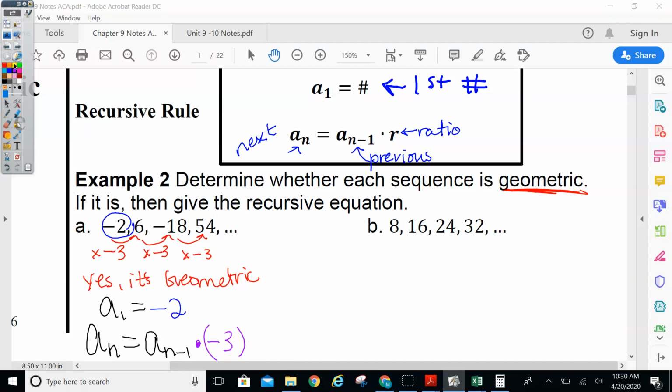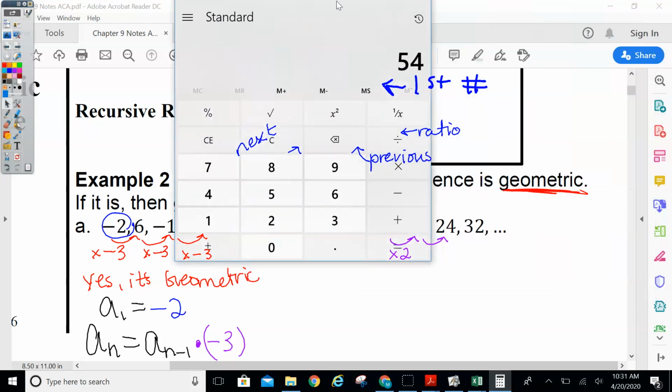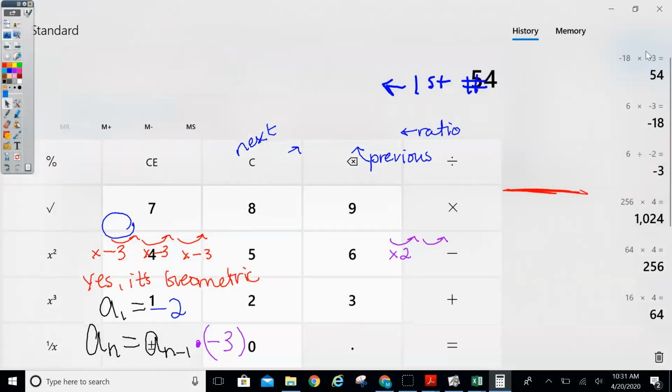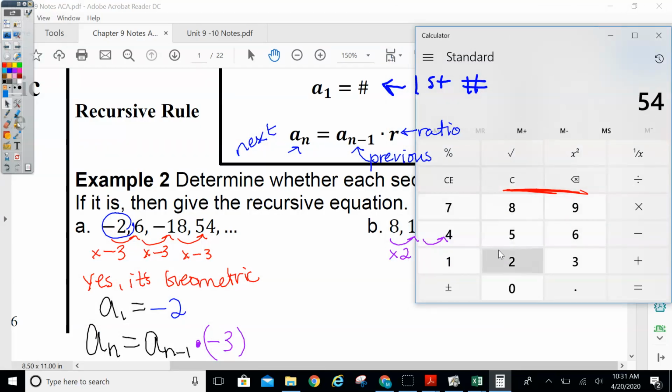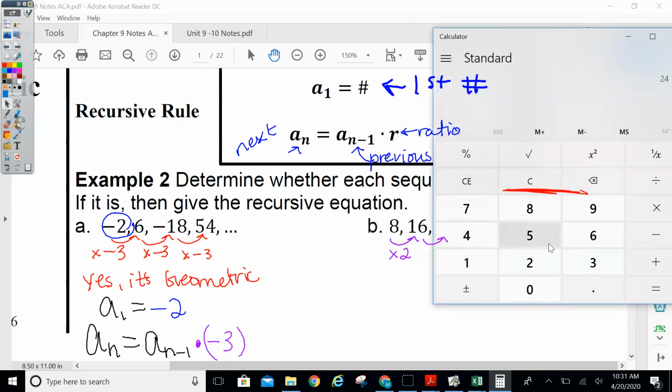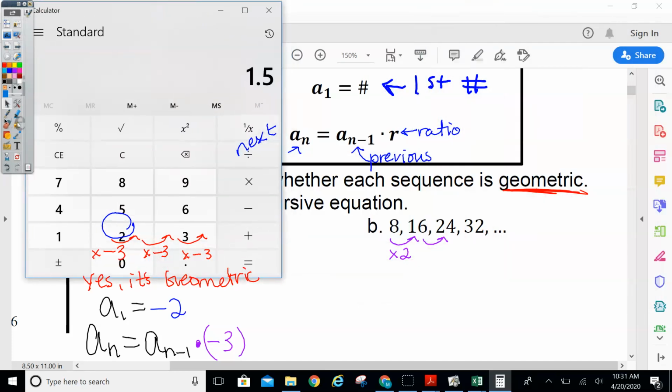Okay, so if we look at B, 8 times what is 16? Well, I know that's times 2. But here, what's the common ratio to get to 24? I know it's not 2, but to figure out what it is for sure, you divide. 24 divided by the previous one, 24 divided by 16 is 1.5. So this one is times 1.5. So right there, I know it's not geometric.